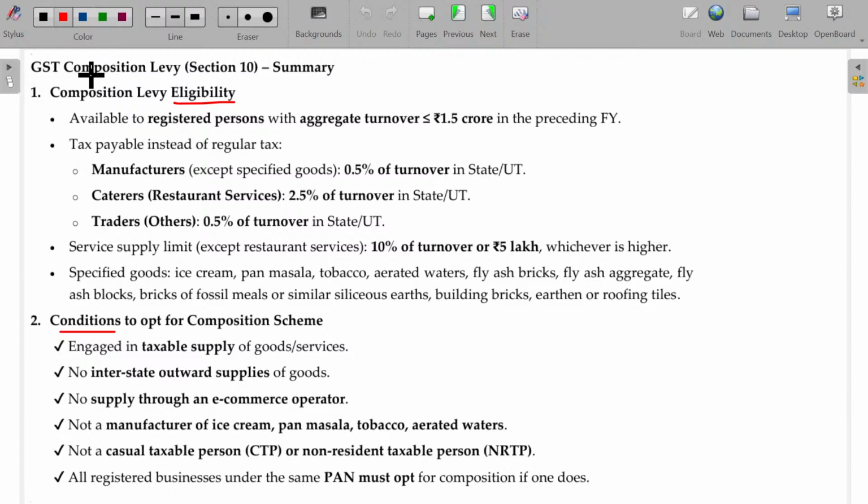Now, composition scheme is nothing but the scheme of paying tax at the lower rate, not the regular rate. You pay the lower rate, it's called the composition scheme. A registered person with aggregate turnover less than or equal to 1.5 crores in the preceding financial year.